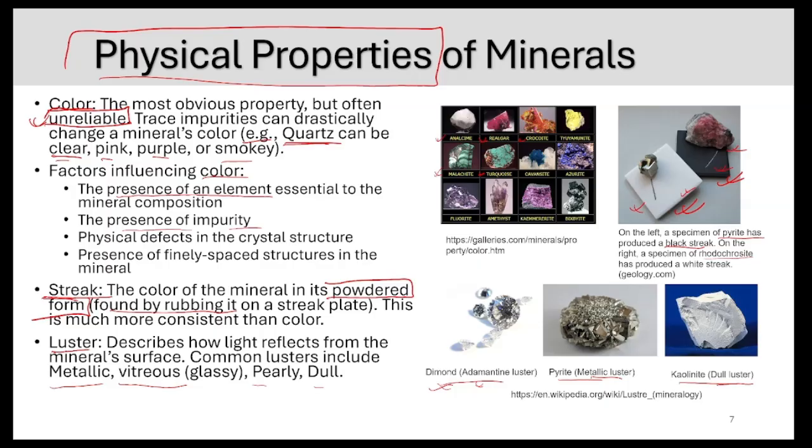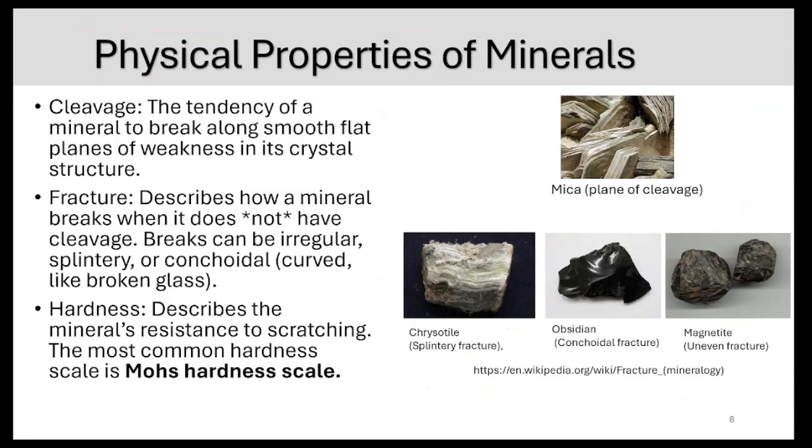And then we have the crystalline structure, which we discussed earlier, and we said this crystalline structure is what determines the shape of these minerals. However, this crystalline structure doesn't just dictate shape and strength, it dictates how the mineral breaks as well.